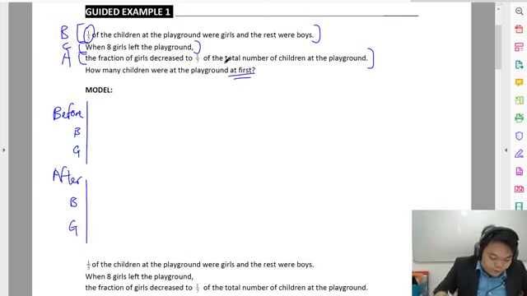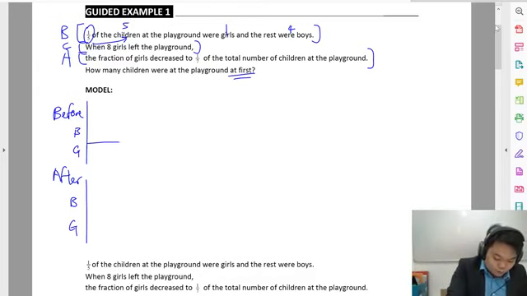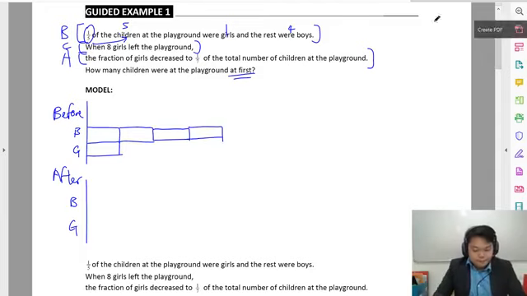Okay, if 1/5 of all the children at the playground were girls and the rest were boys, it means that for the children, you can split them up into 5 equal portions. One of them belongs to the girls, and 4 of them must belong to the boys. Okay?